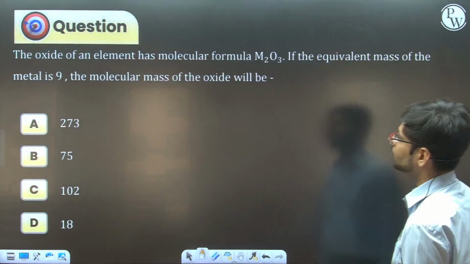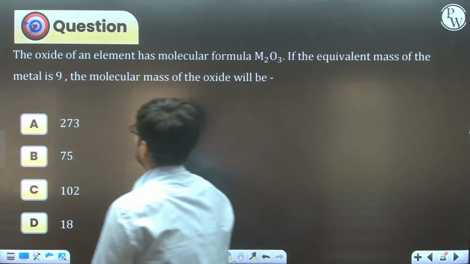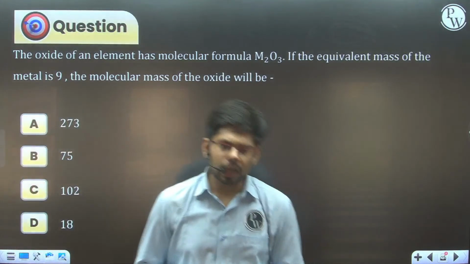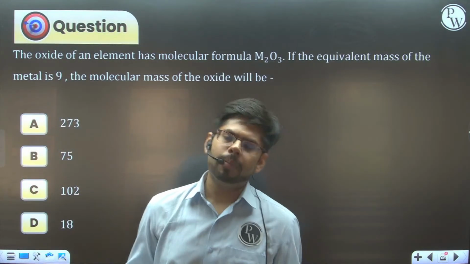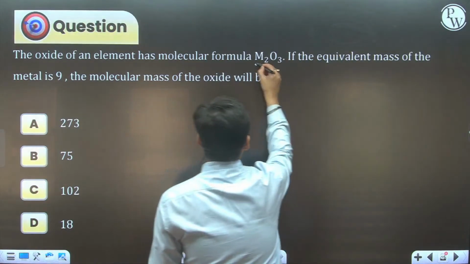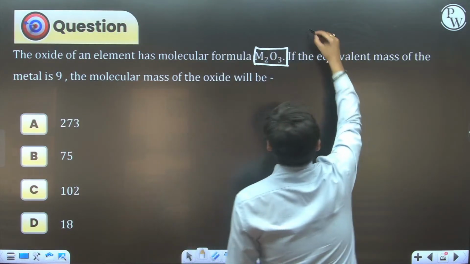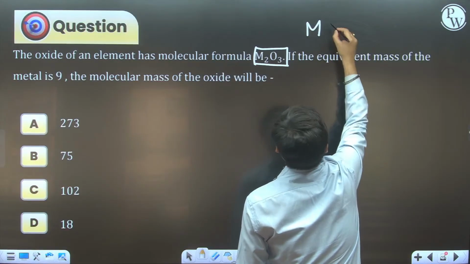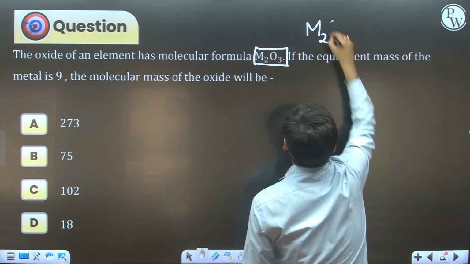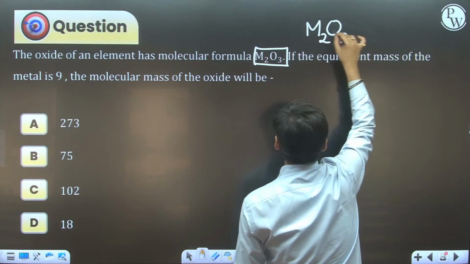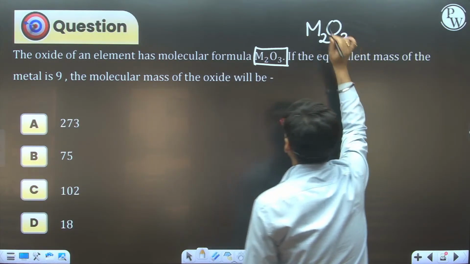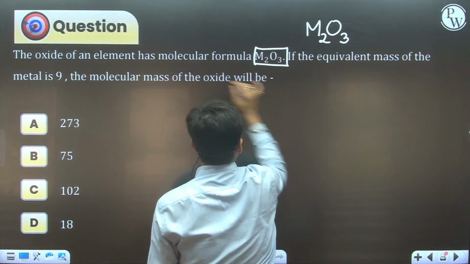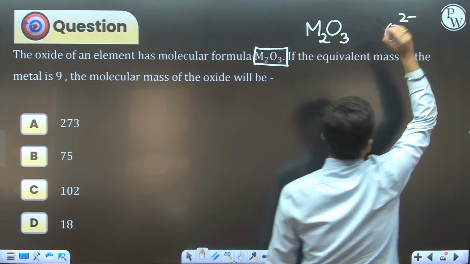Next question. Similar concept. The oxide of an element. Now see, instead of metal chloride, we can talk about metal oxide as well. Metal oxide has this formula, which means if I say that this is metal oxide, that means the valency of the metal is 3, because oxide itself means O exhibits -2 oxidation state.